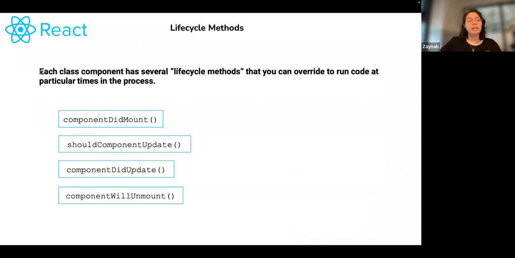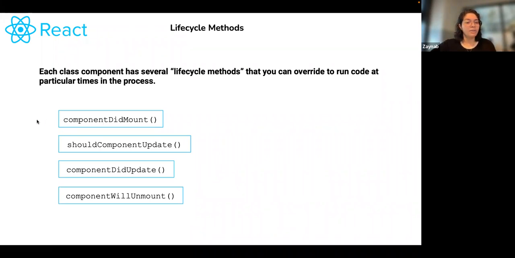So in the class-based component, we have these lifecycle methods. So component did mount, should component update, component did update, and then component will unmount. So these allow you to access the component at different times.